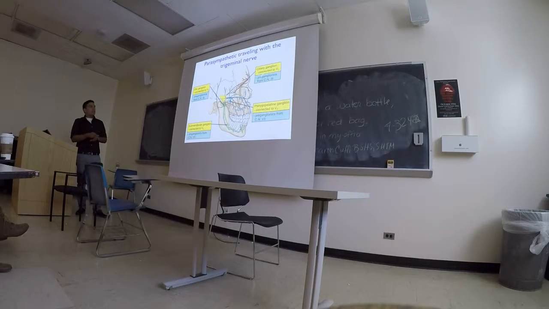So the target tissue here is the eye, some muscles in the eye, a bunch of targets here, the lacrimal gland amongst others, the submandibular and sublingual salivary glands, and this one, the parotid gland. So the biggest salivary gland right here.